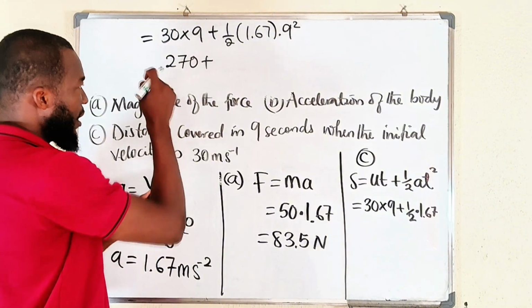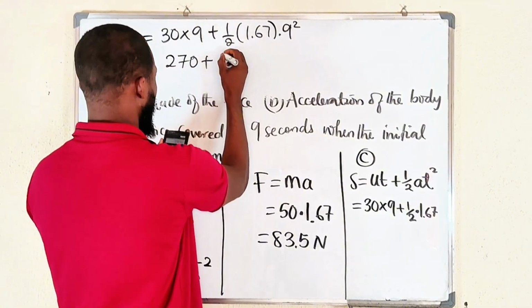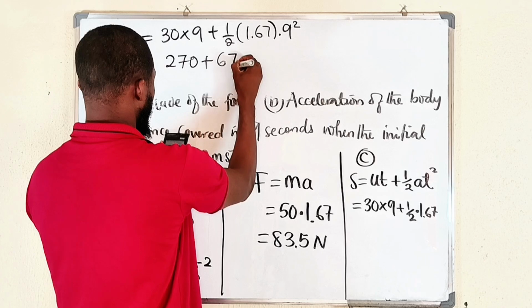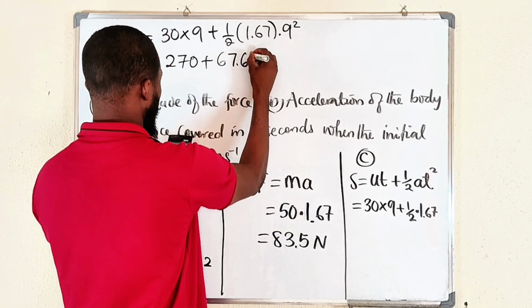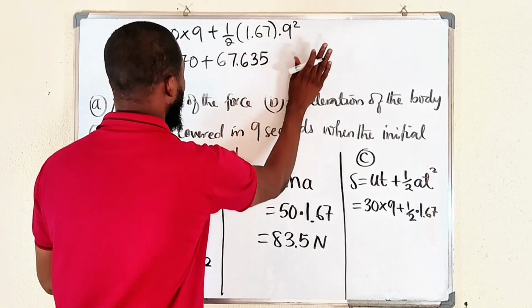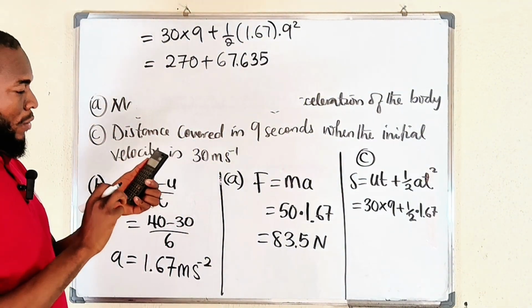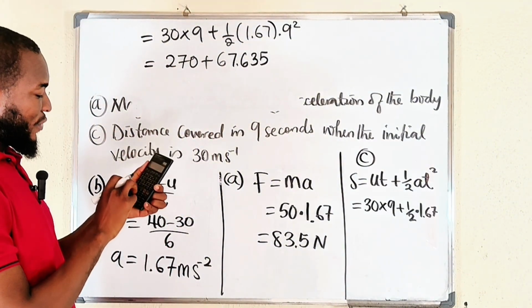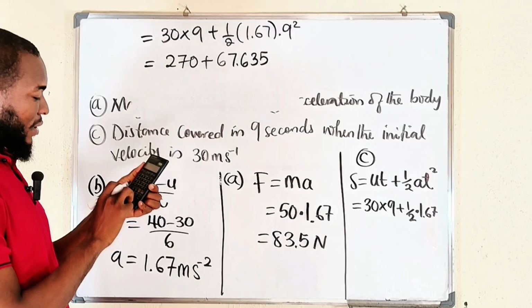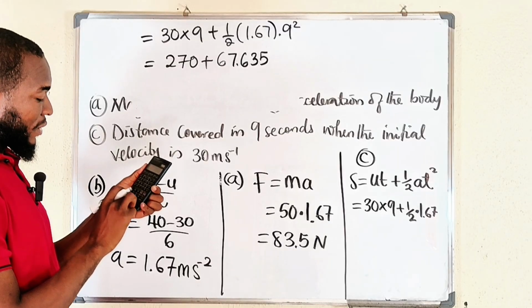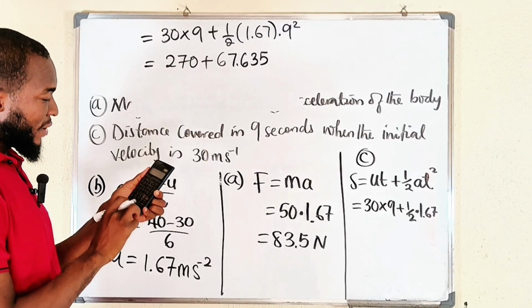67.635. And lastly, add it to this one. We have 270 plus 67.635.